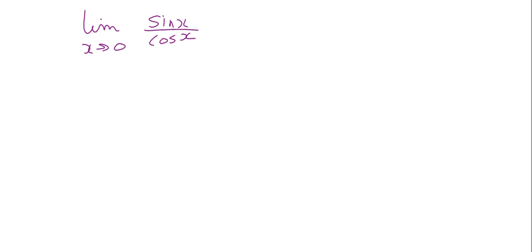But the limits in this case, because it's continuous, is just the function evaluated there, right? So this is simply equal to sine 0 over cos 0, which is 0 over 1, which is 0. Yeah, let's call that 3.